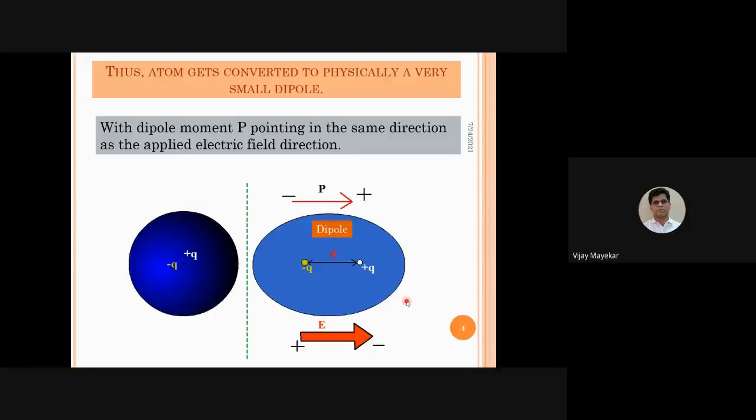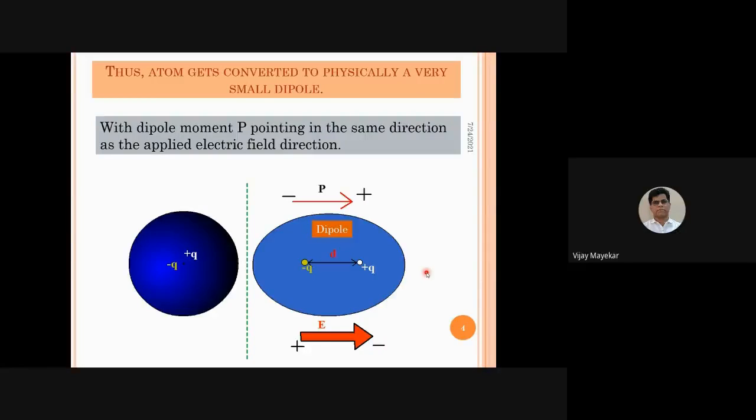This particular behavior is defined in terms of polarization or polarizability. But what is basically involved here is the dipole. One dipole is created and we have a dipole moment P bar, which is directed from the negative end of the dipole to the positive end.